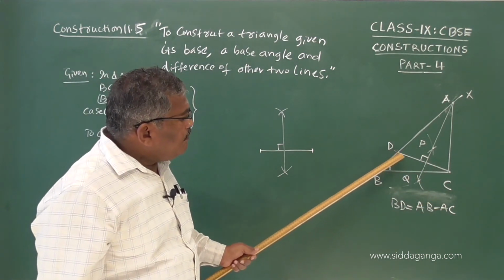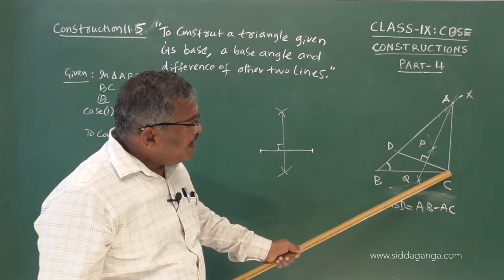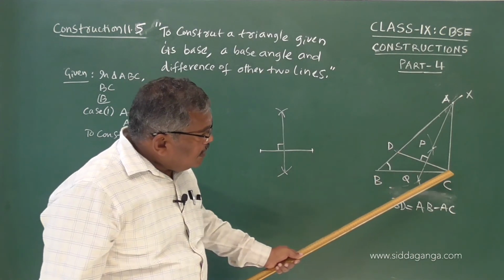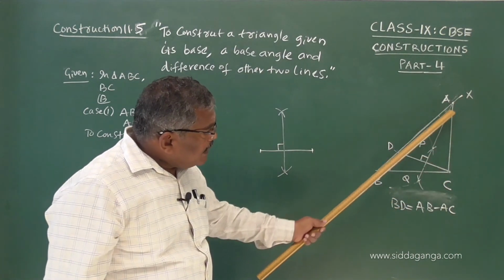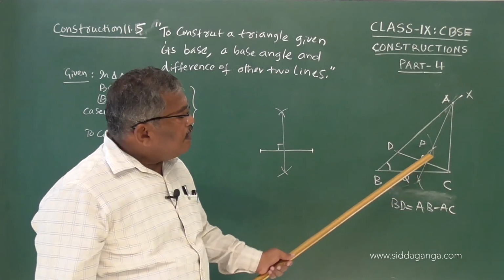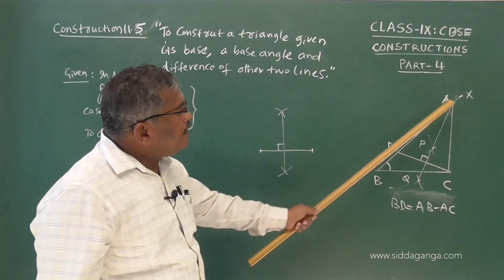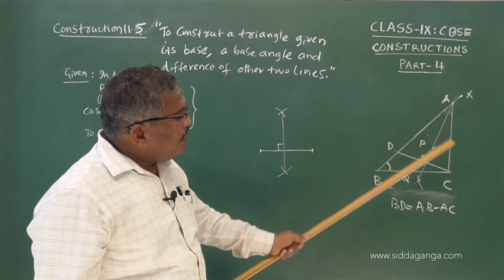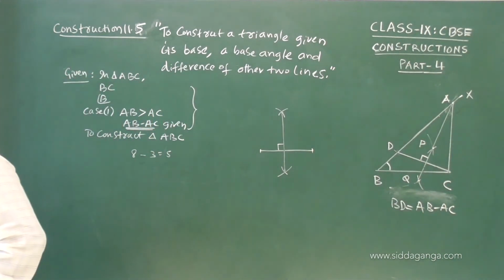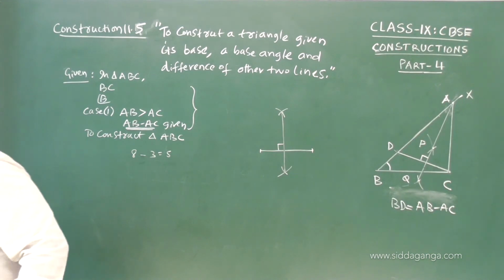You find point D, join DC, construct a perpendicular bisector PQ to DC, extend QP to meet BX at point A, join AC. So this is the procedure. Now ABC is the required triangle.